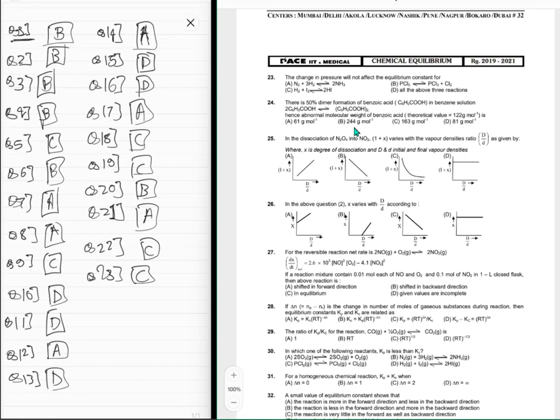Or are they saying the final reaction mixture contains 50% dimer by moles and 50% monomer? No, if we were to do that, we would do it by weight, maybe, right? We have different ways of doing it. So what are they talking about? I think they're talking about 50% of benzoic acid converting into dimer, right? Okay, okay.